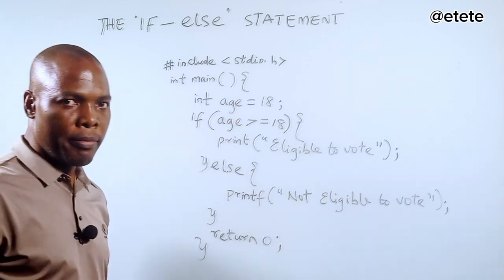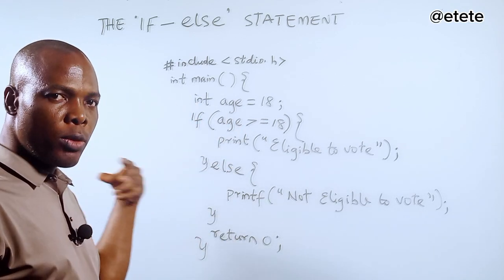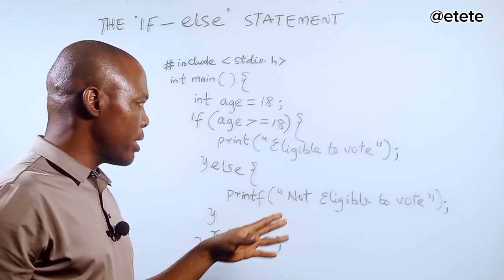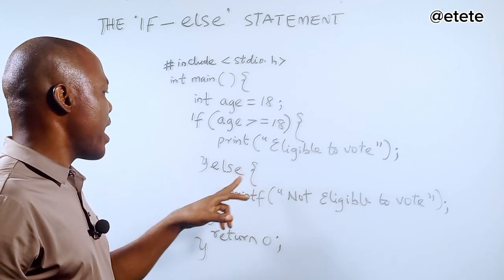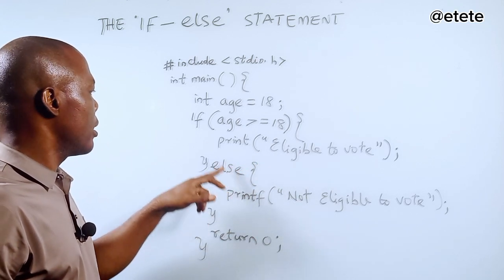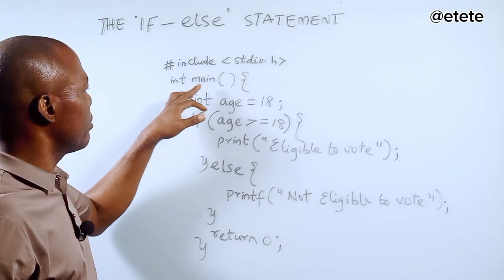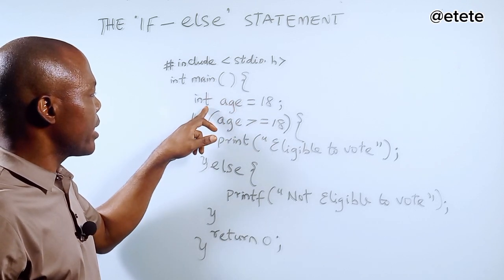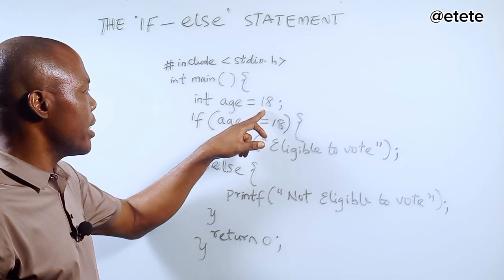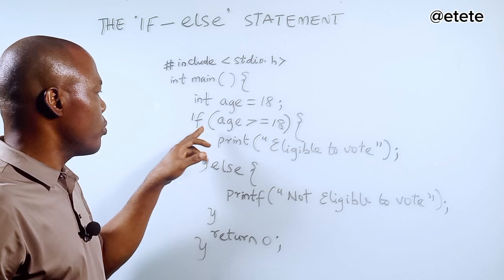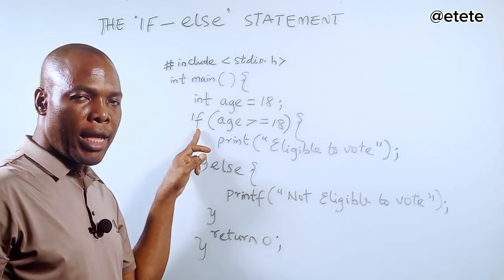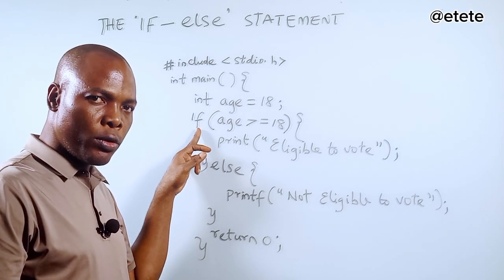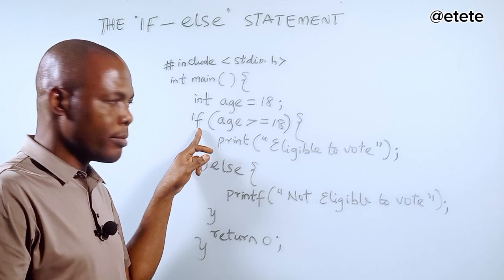this is our program. Now, in the last one, we only had the if statement, but now we are having the else statement. So in main, we are declaring a variable age and we are assigning 18 to age. So age will come here and tell if I want to vote, my age is 18.